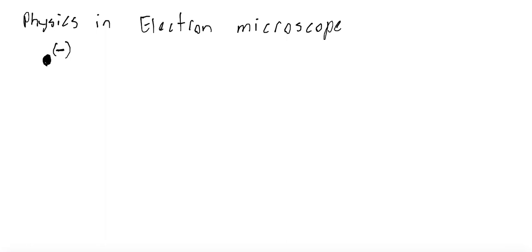So you can imagine that somewhere there is a positive charge which attracts this negatively charged electron. Okay? So this can be represented by an electric field of given voltage. So basically, if an electron is placed in a potential difference, so in voltage, it accelerates. Okay?